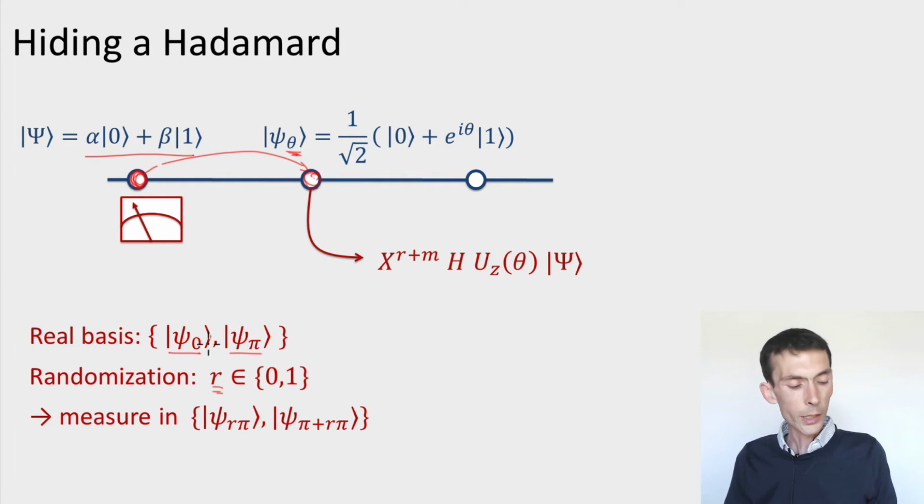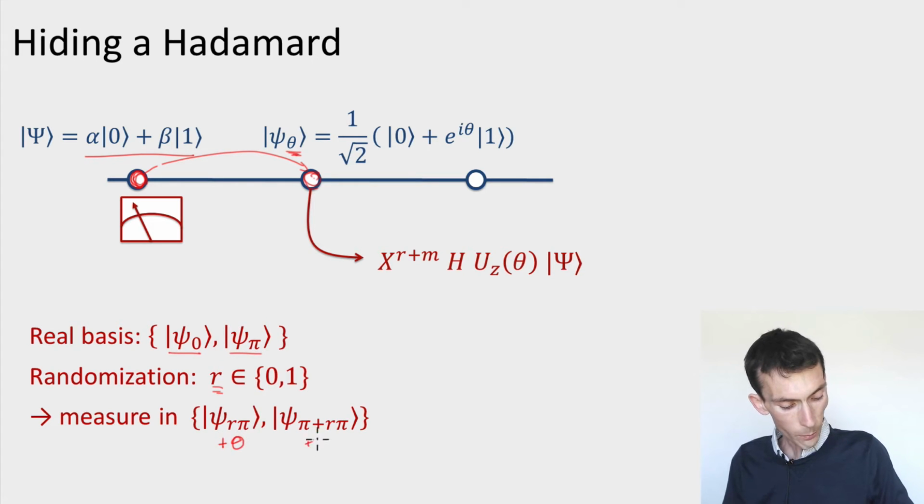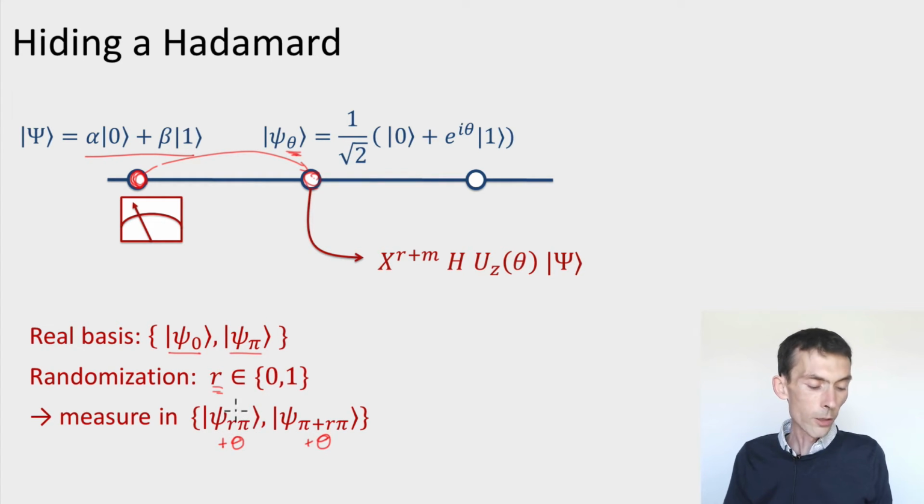So instead of measuring in the basis that we really want, the Hadamard basis, the verifier will choose a random bit r in 0, 1 and tell the prover to measure in the basis that is changed by adding r pi to the original basis and also shifting it by this angle theta that is hidden in the state. So there's a plus theta, and in the end the angle that the prover is asked to measure in looks random to him. It doesn't reveal information about the fact that I'm trying to apply a Hadamard.